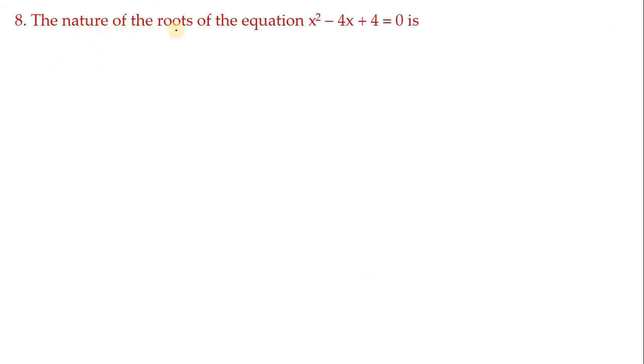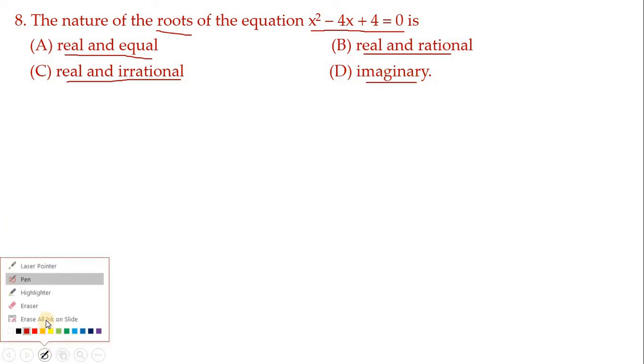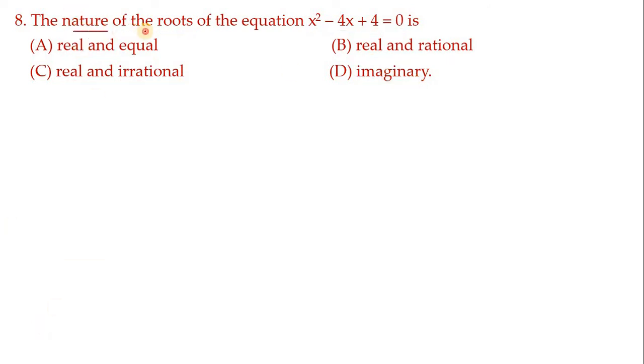The nature of the roots of the equation x square minus 4x plus 4 equals to 0 is: real and equal, real and rational, real and irrational, imaginary. Understand the problem. What they are saying is nature of the roots for this equation.